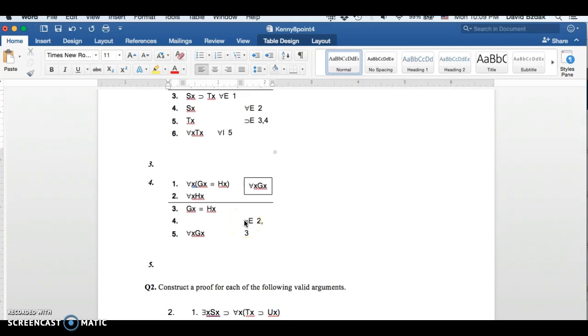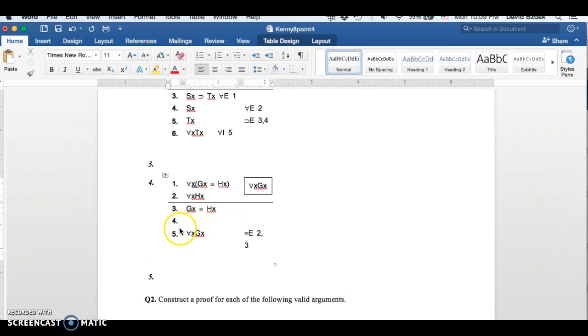All right, number 4 had a bit of an issue. Okay, so we get our first step here by universal elimination of 1.